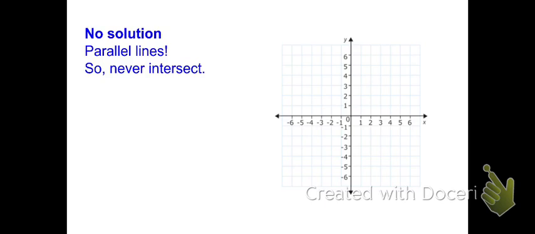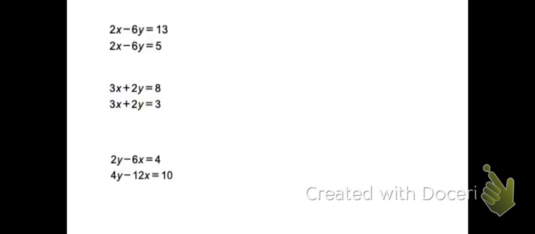These are parallel lines that will never intersect. Again, you might be in a format like the first two where everything is the same. They're just equal to some number. It's very obvious. Or you might need to multiply one of the equations by something to realize that this equation equals this equation.